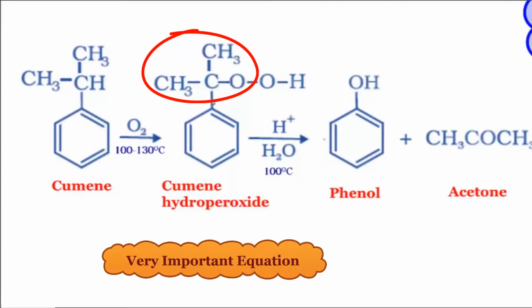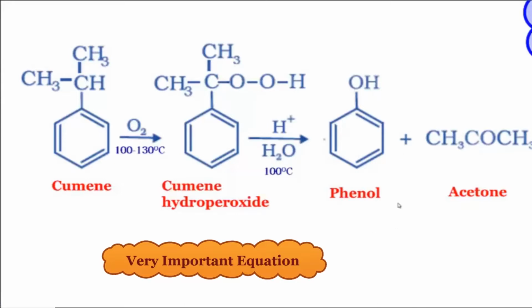Carbon has suffered one bond loss, oxygen also has suffered one bond loss. So in order to maintain their valency, this carbon and oxygen get linked by means of a double bond. So now we have CH3COCH3, that is acetone or propanone, which is an associated product that results. Now this O and H, the oxygen gets linked with the carbon of the benzene ring, as you can see here.